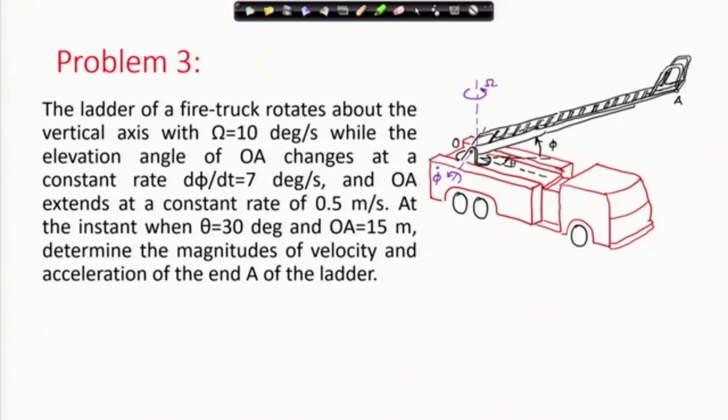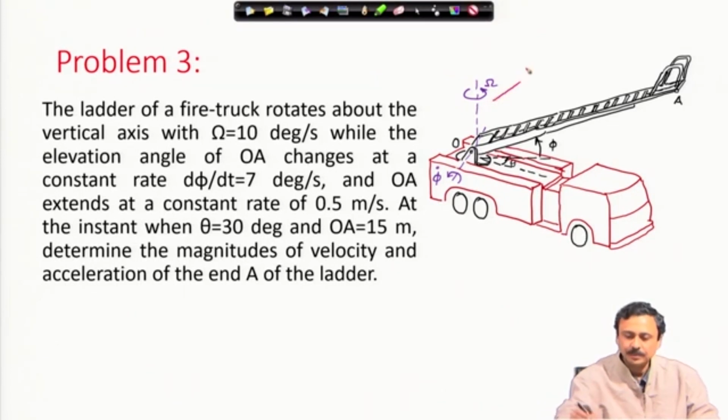This problem says that a ladder of a fire truck rotates about the vertical axis with omega, as shown here, of 10 degree per second, while the elevation angle of OA, so O is here, A is here, changes at a constant rate of 7 degree per second, and OA extends at a rate of 0.5 meter per second.